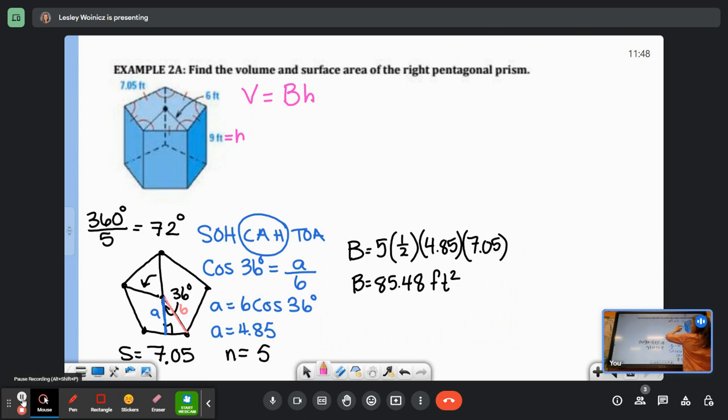Okay, so that is 85.48 times 9. I just have mine saved on my calculator, so I can just do times 9. And I'm getting 769.33.